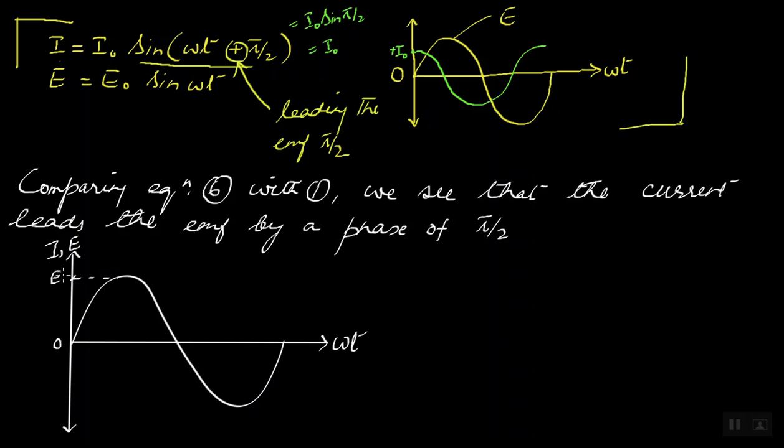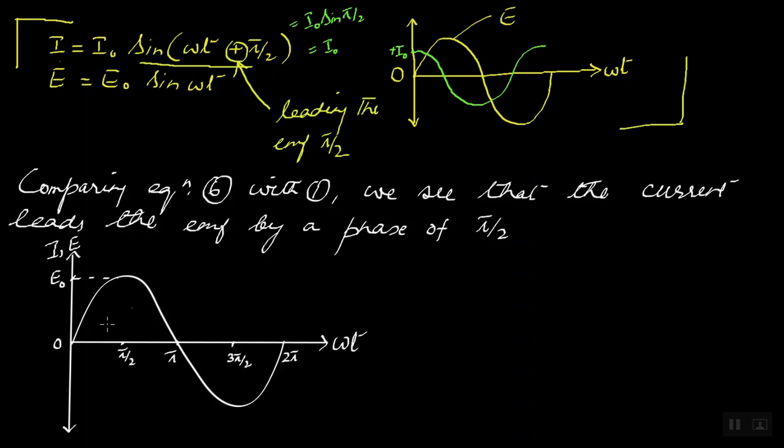This is E naught. Okay, and where from I naught is starting from there. So let me name these points first of all. So this point is basically pi. This is 2 pi. Right here in the middle, that will be 90 degree, which is pi by 2. And this is 3 pi by 2. Okay.